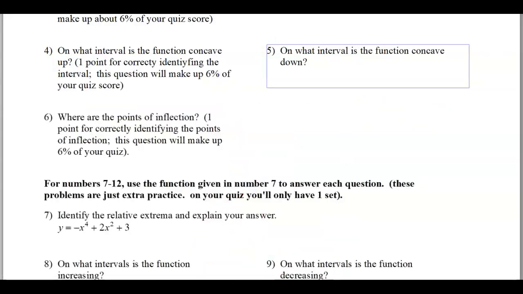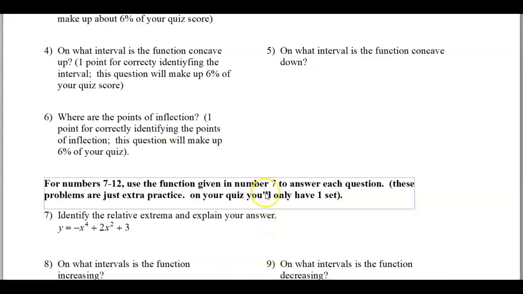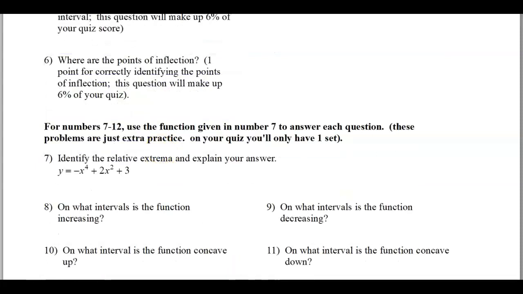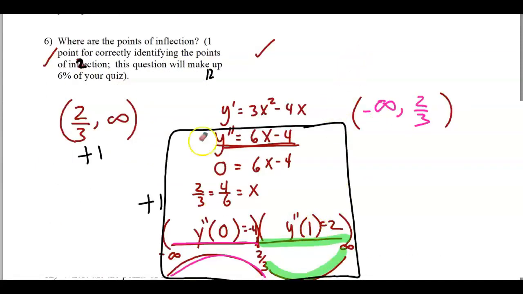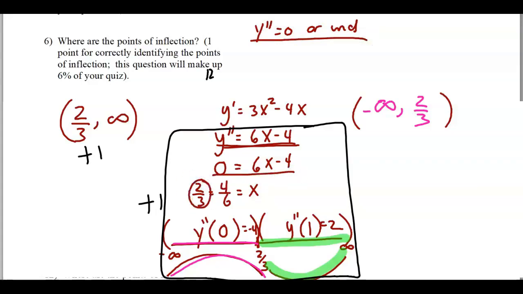All right, let's go ahead and move on, and we'll take a look at number 6. Where are the points of inflection? Well, actually, we can answer that question based on what we just did. A point of inflection is a place where the second derivative is either equal to 0 or undefined, and 2/3 is a place where our second derivative was equal to 0.